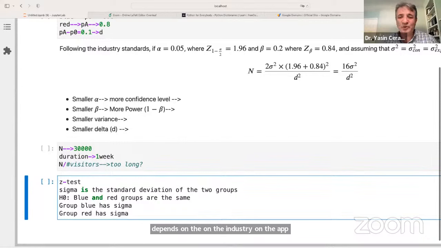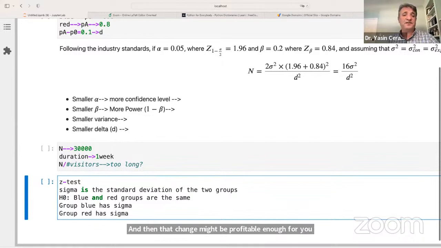Again, let's say the daily number of visitors to your site is 1 million. In that case, a very small d value might be sufficient, right? That means a small change on your site is going to have an impact on thousands of people, and then that change might be profitable enough for you to make the change.